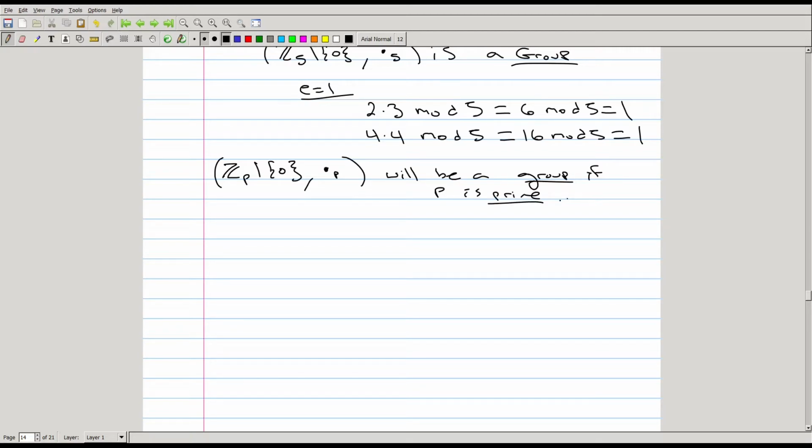This is a big theorem that we'll end up showing a little bit later on as we move a little bit further into modular arithmetic.